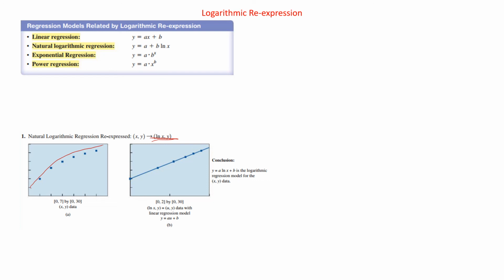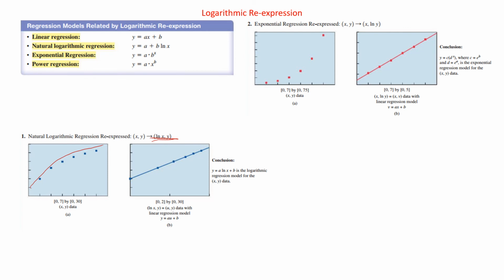So if you can take the log of the x values and it turns out linear, it's logarithmic. If you take the log of the y values and it turns out linear, it's going to be exponential. So for exponential equations, we take the log of the y's, and they'll be linear. So instead of y equals mx plus b, it would be natural log y equals mx plus b.